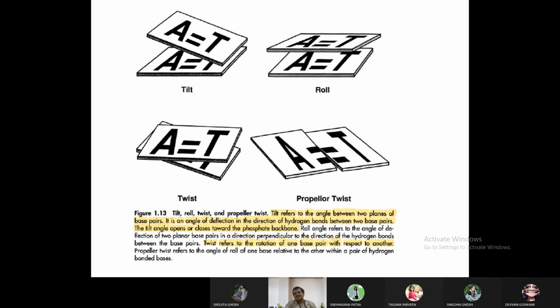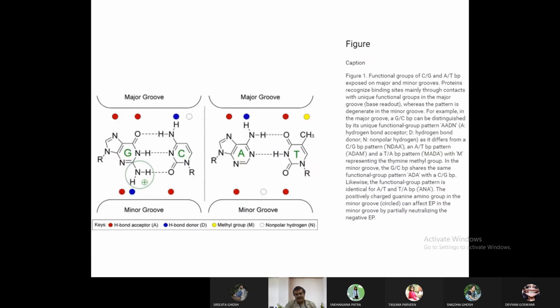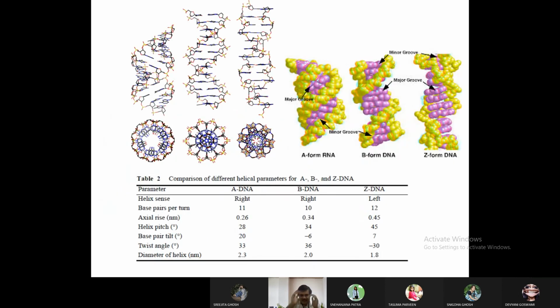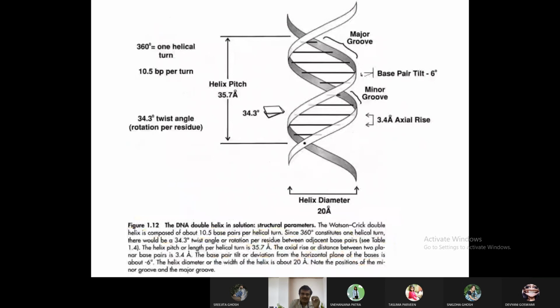Why are they important? They are important because in the three forms of DNA, as you see, their twist and tilt values differ. In case of B-DNA, what was the twist angle? Twist angle is almost just 34.3 degrees. You may get a little bit different value when you read various textbooks.